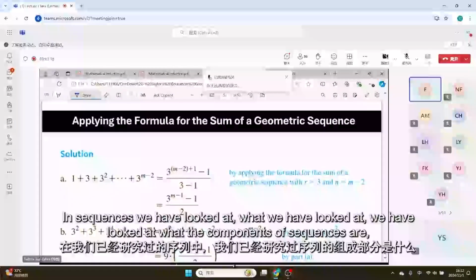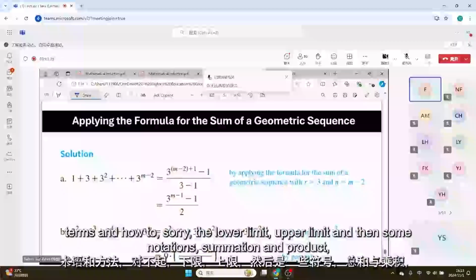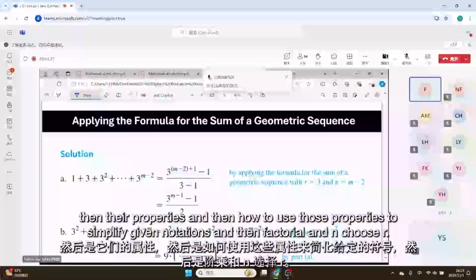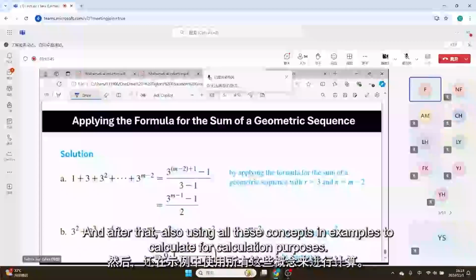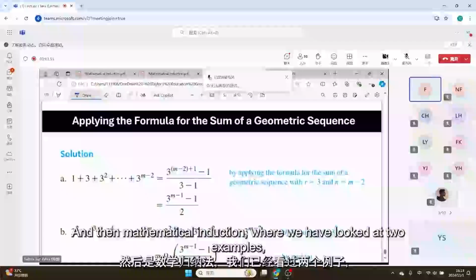In sequences, we have looked at what the components of sequences are, terms, the lower limit, upper limit, and then some notations, summation and product, then their properties, and how to use those properties to simplify given notations, and then factorial and n choose r, and after that also using all these concepts in examples for calculation purposes. And then mathematical induction, where we have looked at two examples.